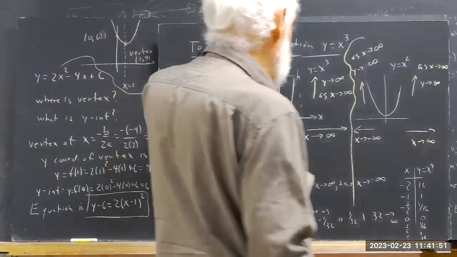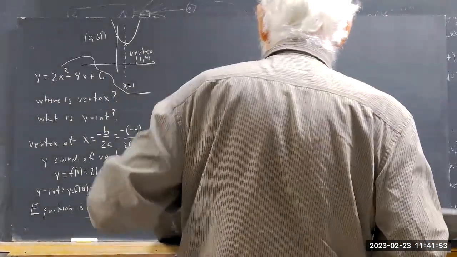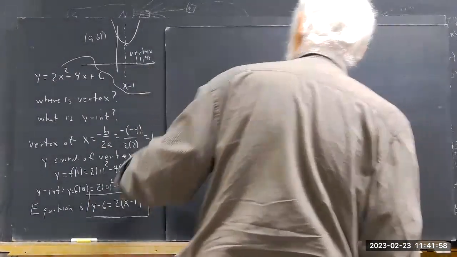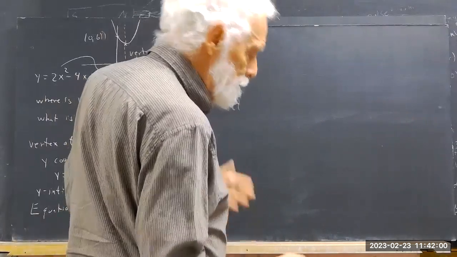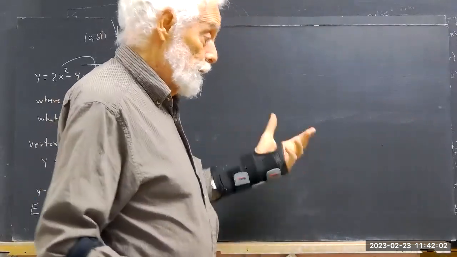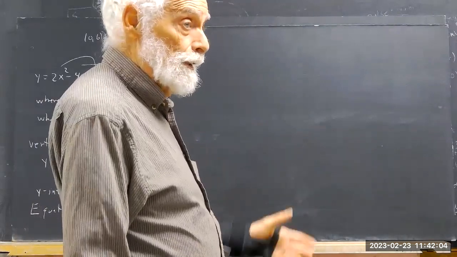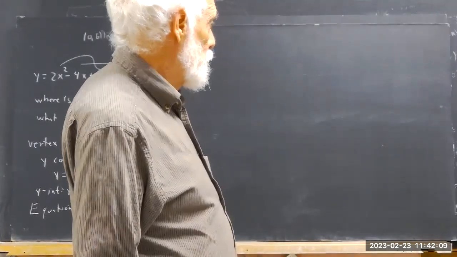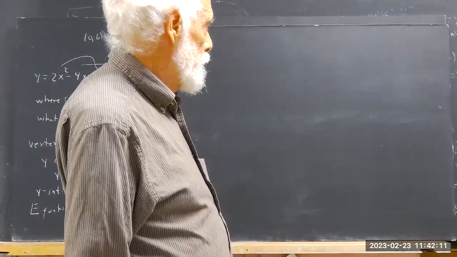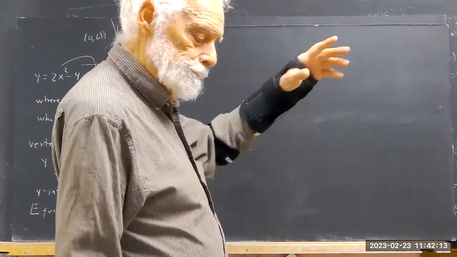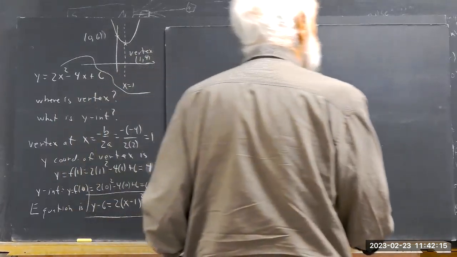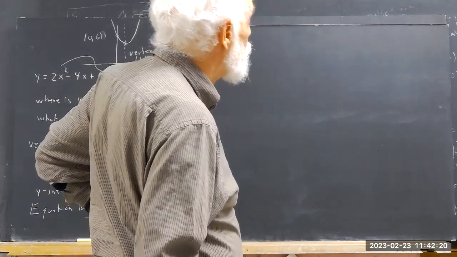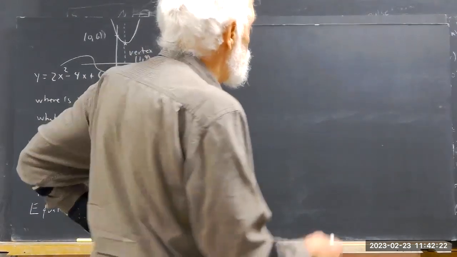Okay. Now, as it turns out, and I usually would tend to prove this in pre-calculus class, but I can't seem to get to that level of abstraction in these classes. So you're going to have to kind of accept it.